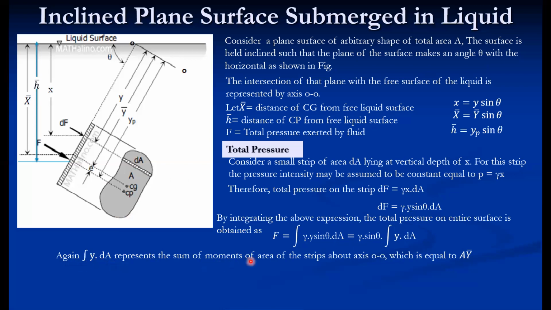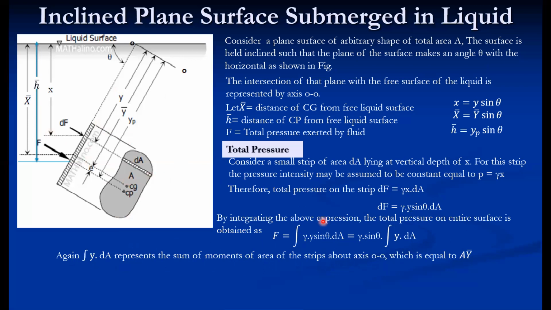So it represents the sum of moment of area. y dA is the area into perpendicular distance y, so it is moment of area, and integral y dA is the sum of moment of area of the strip about axis OO.